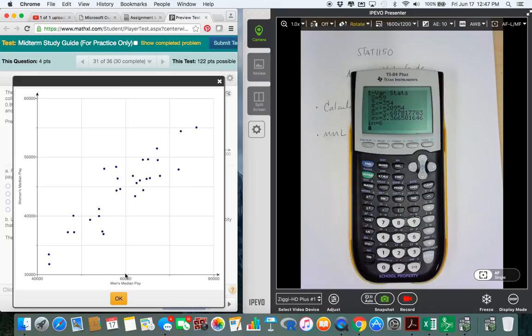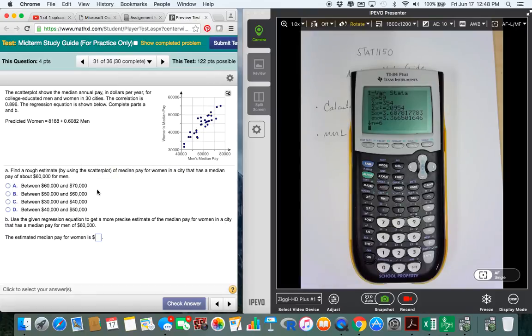When I come to $60,000, I can visualize that regression line going about right through here. So 60,000, I'm going to say, is somewhere around 45,000. It looks like the value would be between 40 and 50,000.